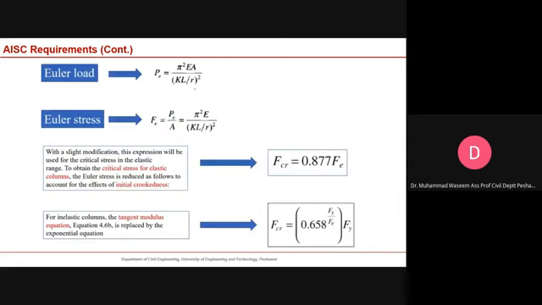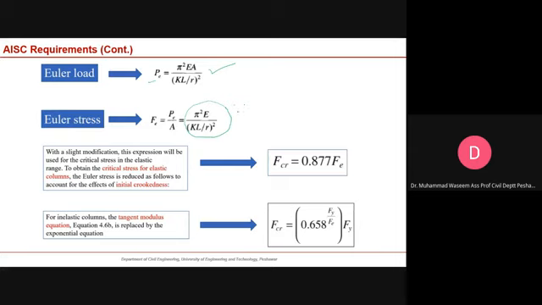So now we know that the Euler load can be estimated using this formulation. If we divide it by the cross-sectional area of our member, we get this formulation. This is the critical stress or the Euler stress, but it is generalized here. It says Euler stress, but we know that we can replace E with the tangent modulus.